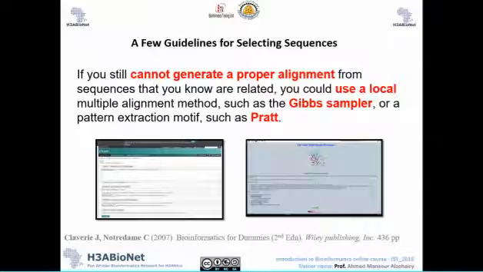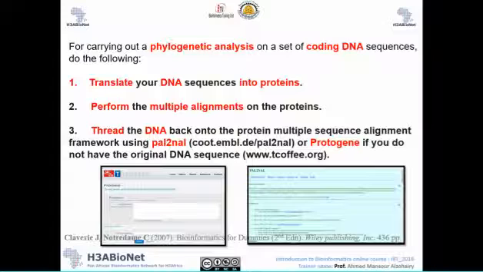These two methods will help you with pattern extraction and motif extraction, and will help you find more information that helps you in the alignment.